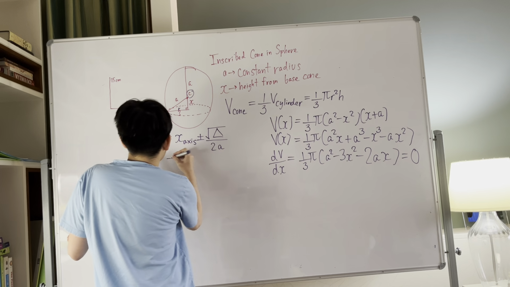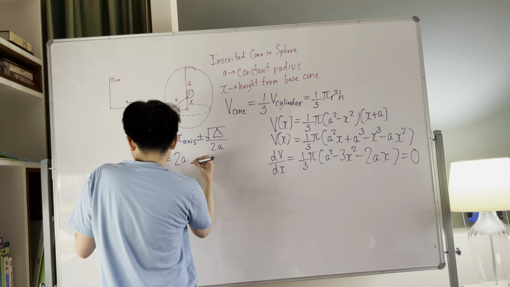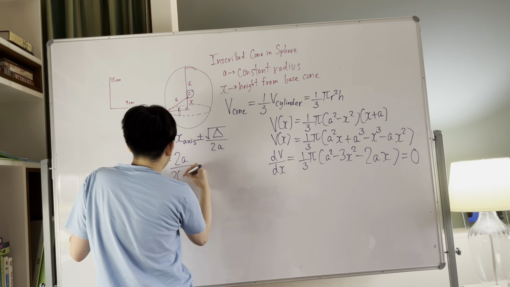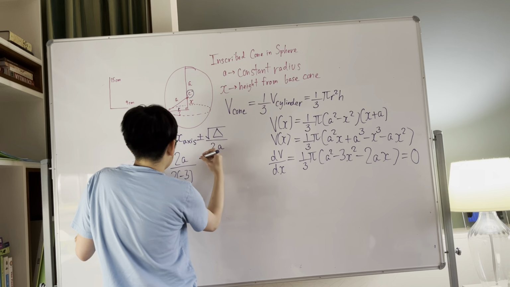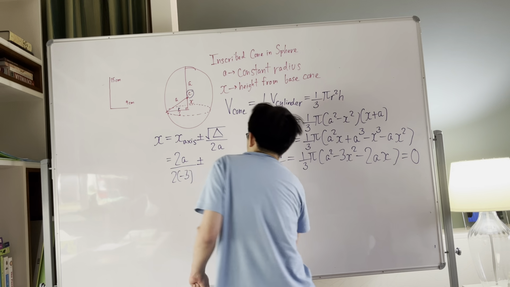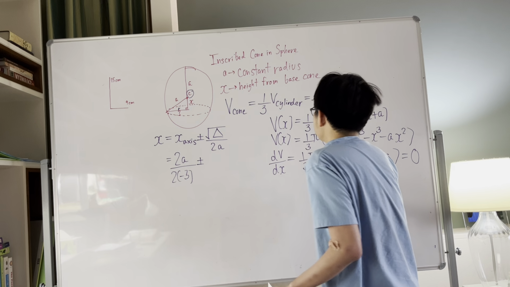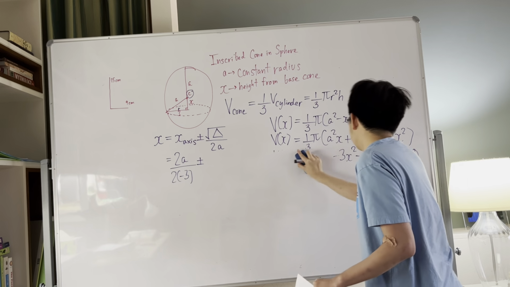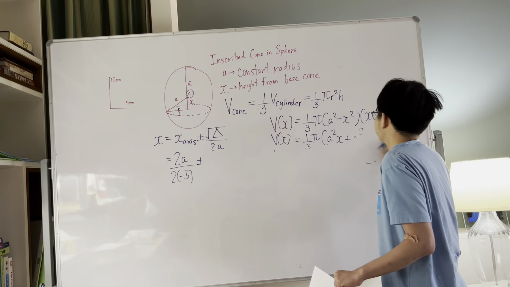This becomes 2a over 2 times minus 3 plus or minus, I'm unfortunately going to have to delete some writing to make room now.